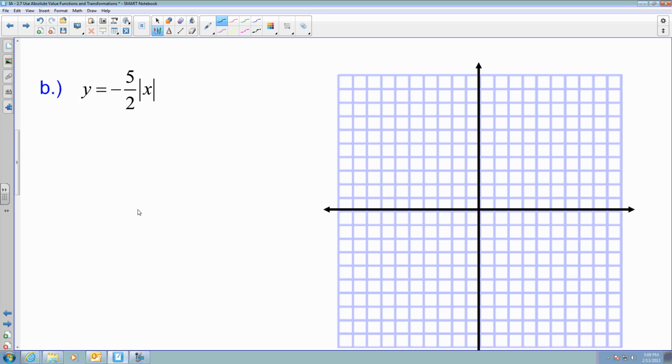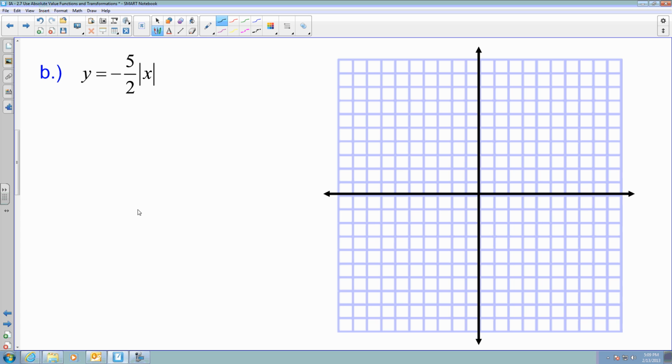For B, here, I noticed that again, 5/2 is above 1 in absolute value. So that means, without even graphing, it's going to have a vertical stretch. And again, just like in A, my h is 0 and my k is 0. So there's no horizontal or vertical shift. So that means that my vertex, again, is going to be at 0, 0.